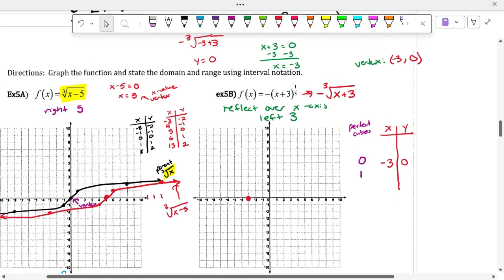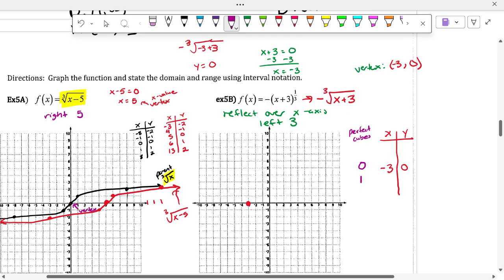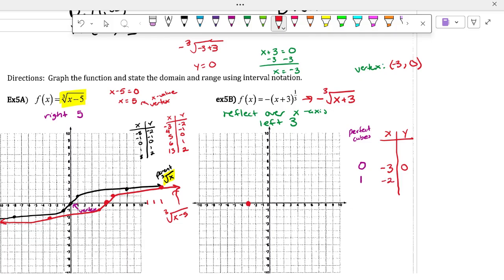So if I plug it back into this function, what x value would give me 1 under this radical? -2. All right, if I plug -2 back in, what's the y? So it would be the cube root of 1 times a negative. So it's what? -1.